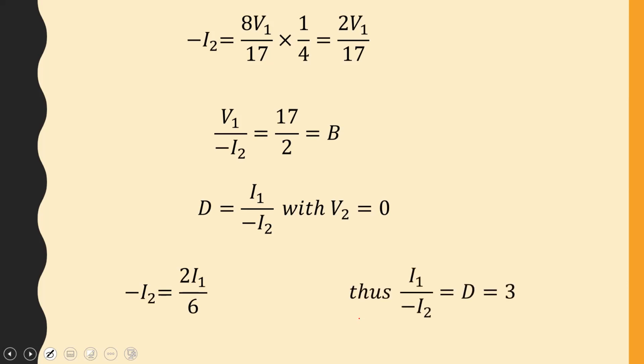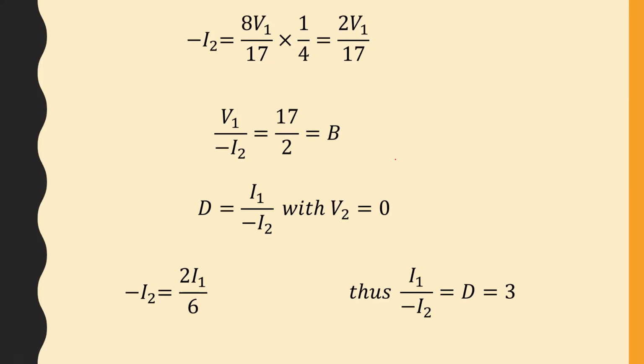And so we get D to be equal to 3. Now, of course, you can see that there's a pattern. We have B and C remaining the same, yes? But of course, A and D are interchanged. Now, I don't want you to try and rely on spotting these relationships. I want you to be able to do the calculations from scratch, eh?